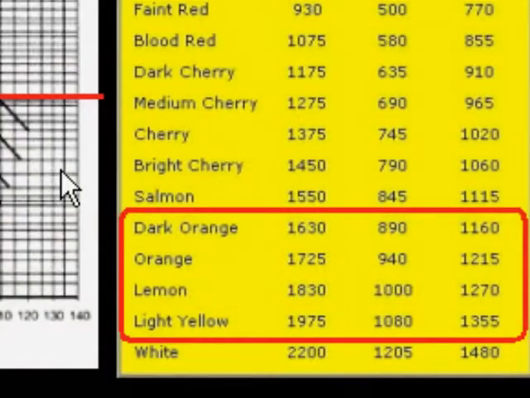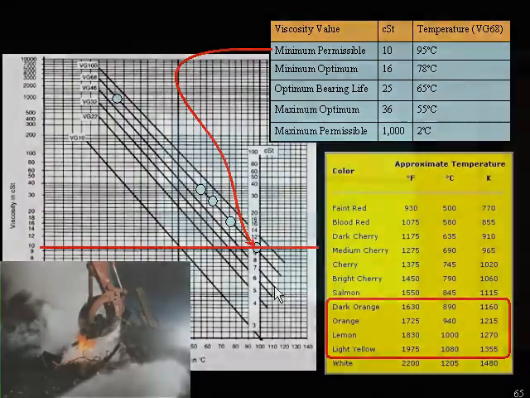Like 1,000 degrees centigrade. That's a lot more than 82. Not even close. And this is the lower limit for viscosity. This is 140 down here, this highest end here. So you need it to be way out here, and there's no hydraulic oil that functions at that temperature.